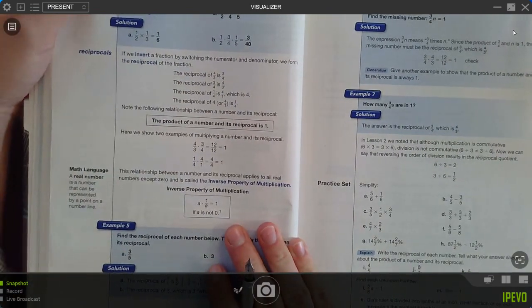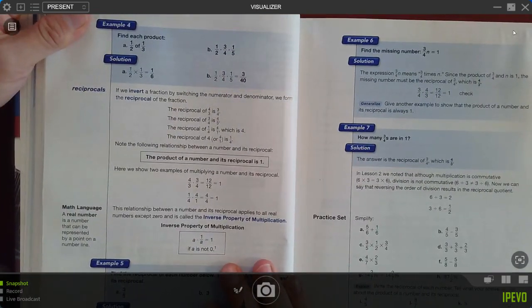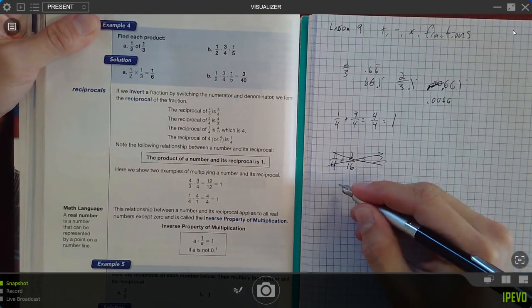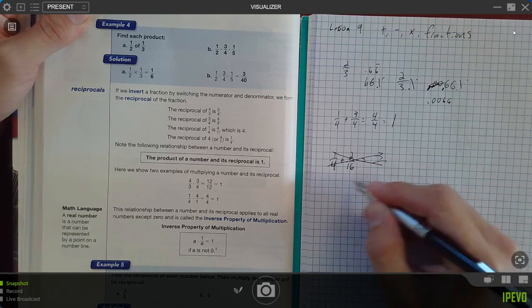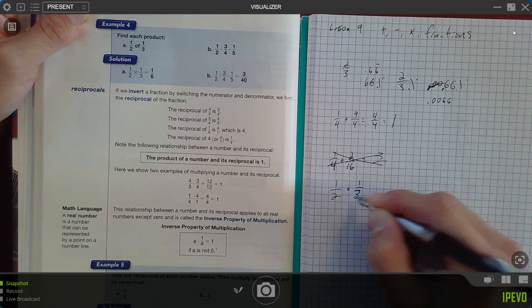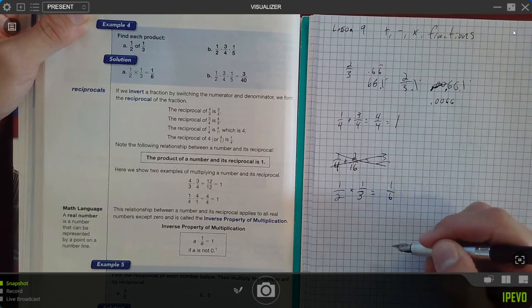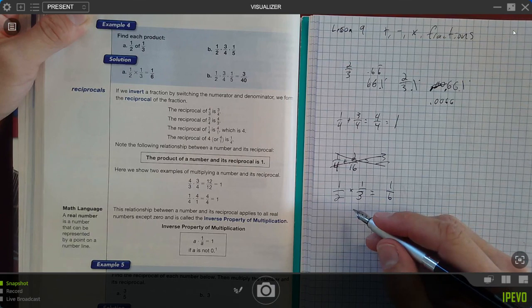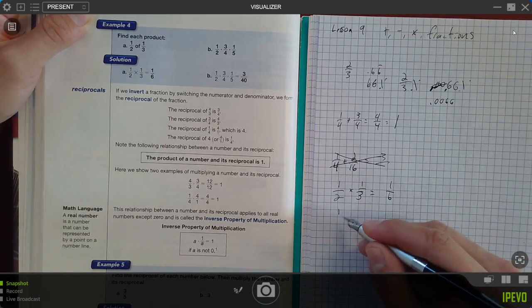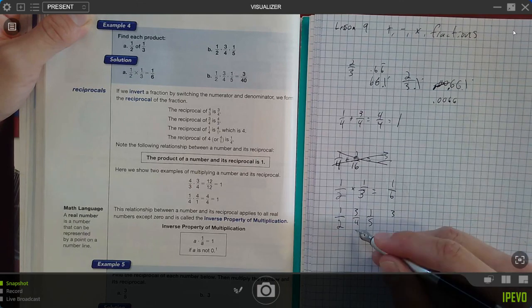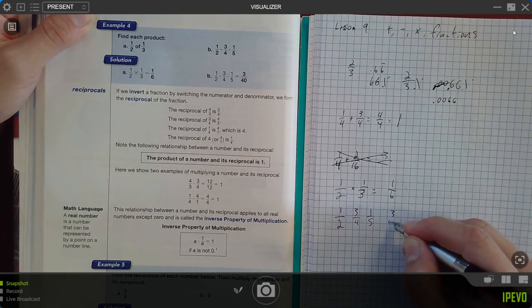Now, when we're doing multiplication, okay, this one's actually easy as well. When we're doing multiplication, we just multiply across. So 1/2 times 1/3 is just going to give us 2 times 3 is 6. 1 times 1 is 1. Okay. So for B, we would do 1 times 3 is 3. 3 times 1 is 3. 2 times 4 is 8. 8 times 5 is 40.